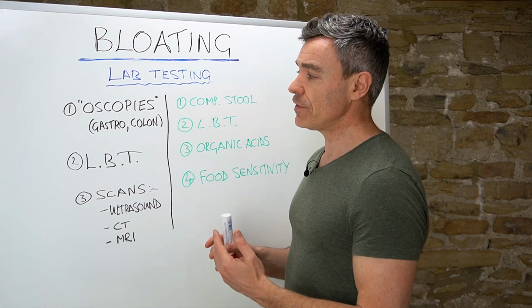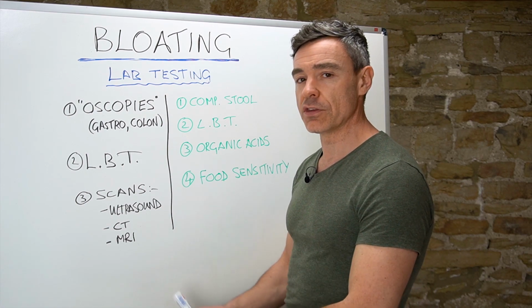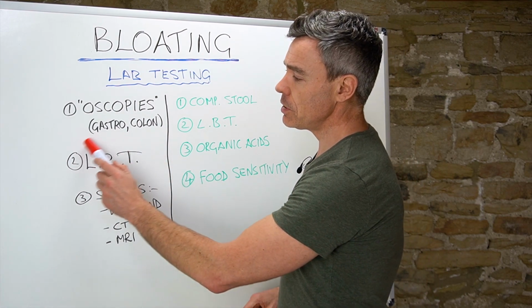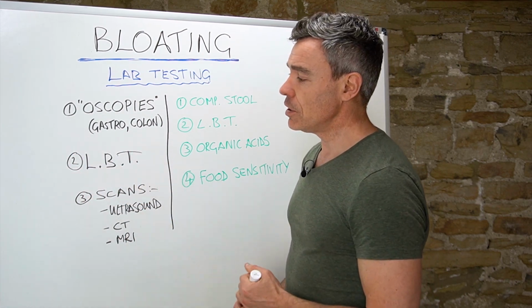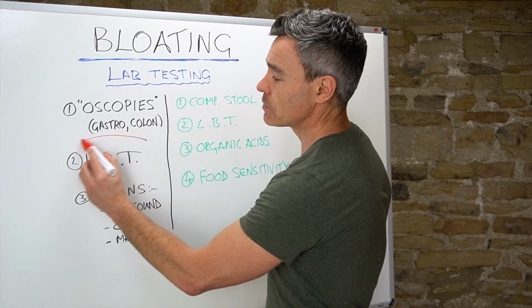And so they're great for finding more serious problems, but they're not necessarily great for discovering the root cause of these functional digestive symptoms. Some gastroenterologists use the LBT, and the LBT stands for lactulose breath test.